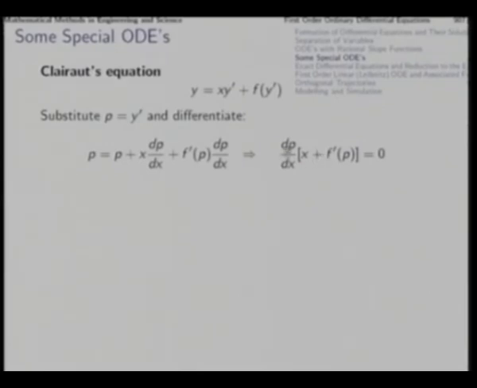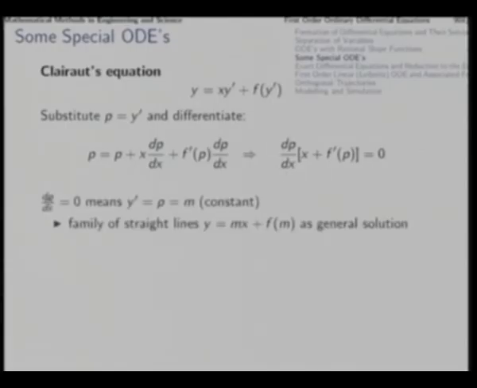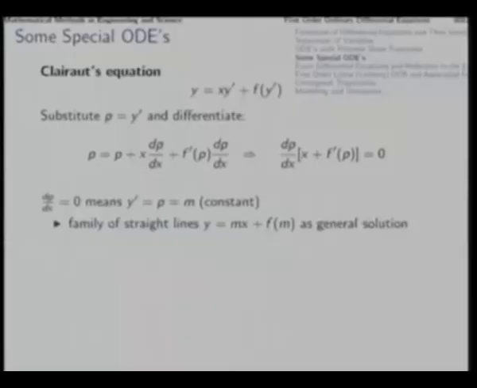So, first let us consider the simple one, dp by dx equal to 0. If dp by dx equal to 0, that will mean that p is constant, but p is dy by dx. So, that will mean that y prime is a constant m. Then if dy by dx is constant, that will mean that y is a linear function of x, and that you get as the family of straight lines.